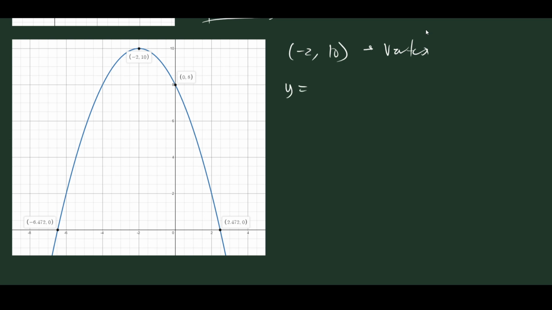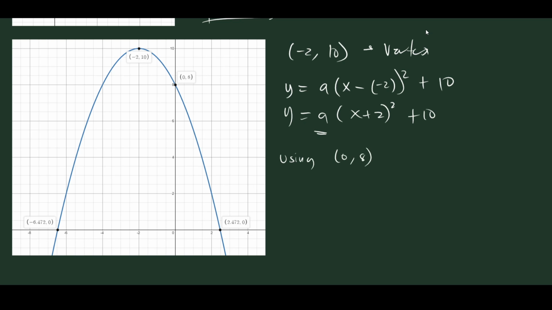Using the standard form, y is equal to a multiplied by (x minus negative 2) squared plus 10. So y is equal to a multiplied by (x plus 2) squared plus 10. Now we have to find a again, using our y-intercept (0, 8).